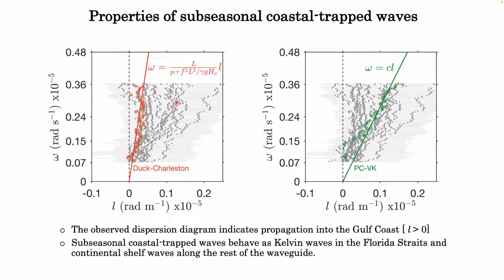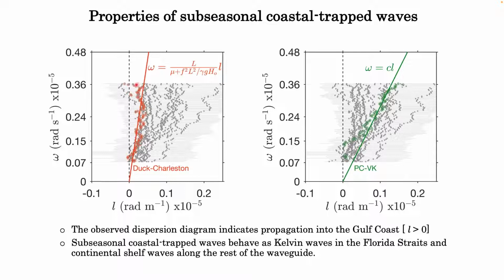From these plots, it's clear that the majority of the dots correspond with positive wave number values, indicative of propagation into the Gulf Coast. We also note that the subseasonal coastal trough waves we are dealing with probably do not transmit along the waveguide as a unitary wave type. The trough waves could morph from one wave type to another along their propagation.